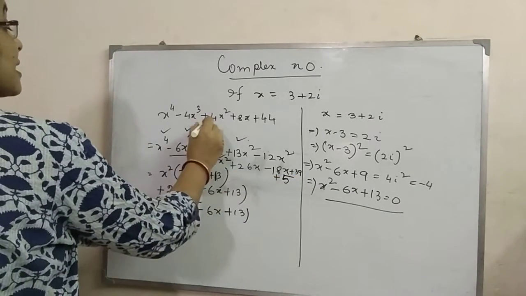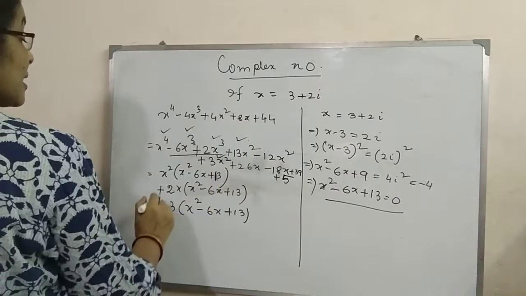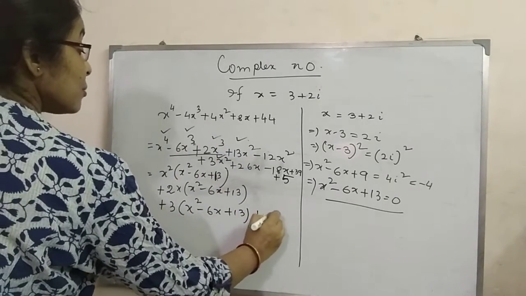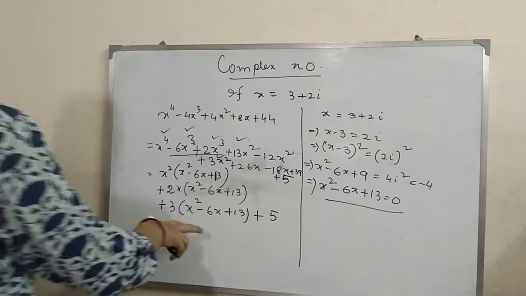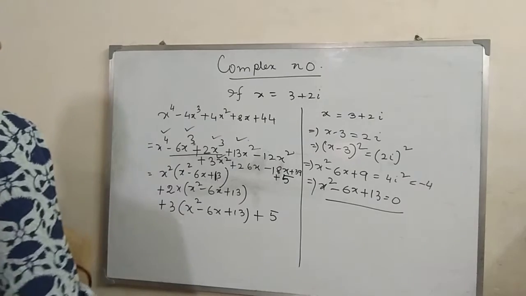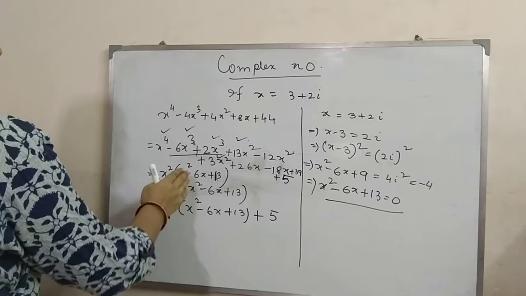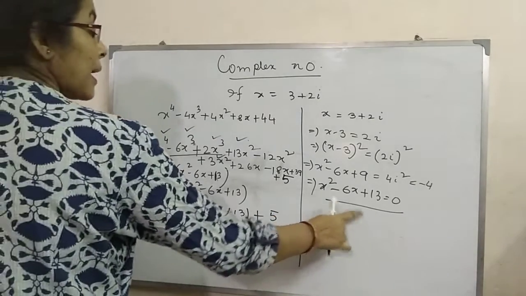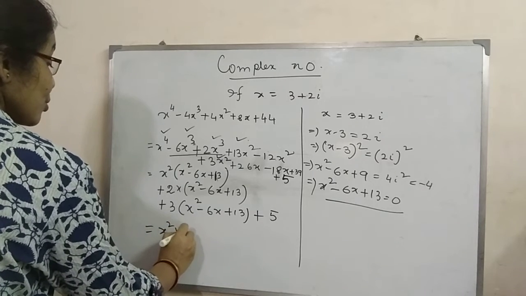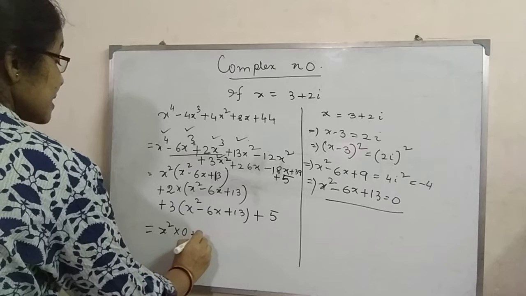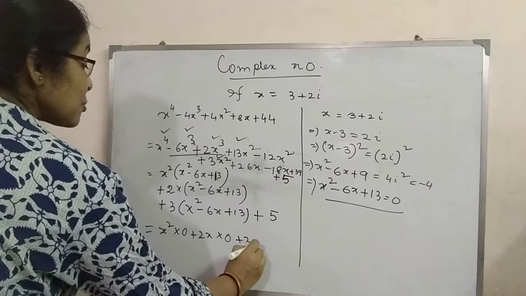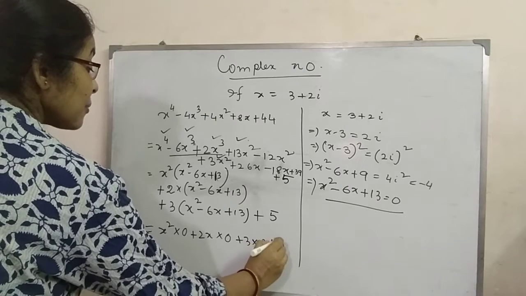This is equal to this after the third line. After the third line I will write the second line. I adjust this line by this expression, and so I can write x square into 0 plus 2x into 0 plus 3 into 0 plus 5.